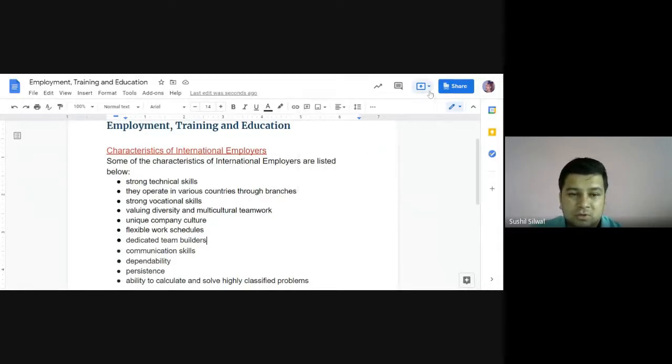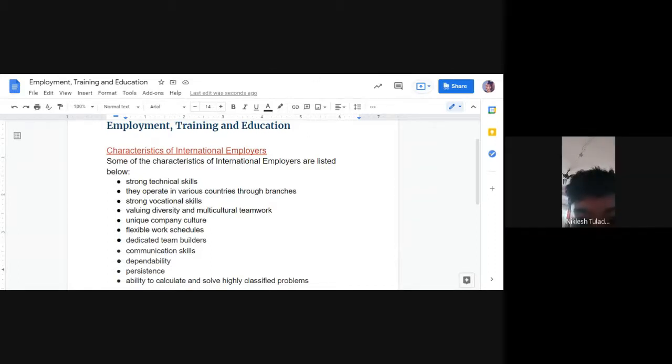Next group. Can we start, sir? Yes. So the characteristics of international employers. It is strong technical skills, and they operate in various countries through branches.